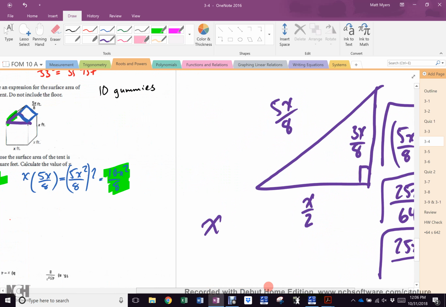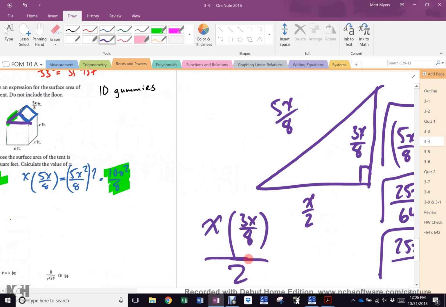What was the height? 3x over 8, yes? And that's base times height, but I'm supposed to divide it by 2, aren't I? Divided by 2, but aren't there 2 triangles? One at the front, one at the back? So I would have to multiply that by 2, wouldn't I? So what happens to the 2 and the 2? They're gone.